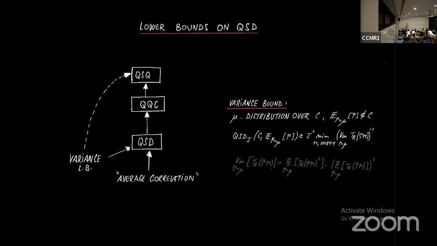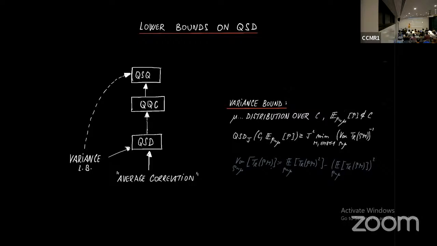What remains is that you have to figure out how to lower bound the quantum statistical dimension. The way we do this is not dissimilar to what happens in the proof that parities are hard to learn with SQ. You basically bound the variance.